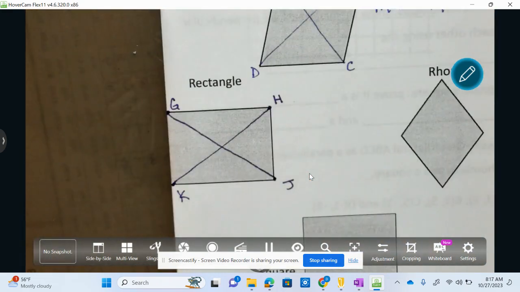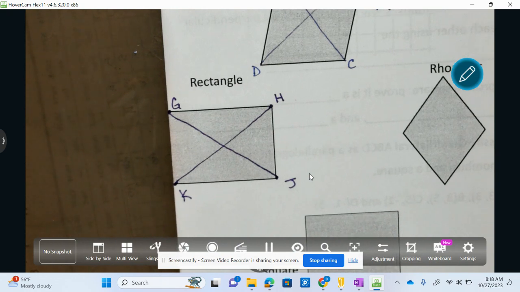So what method did we use for diagonals? How did we show, like what did we do for a rectangle? We showed that the diagonals are what? Say again? I can't hear you. Nope, that's for a rhombus. The diagonals are congruent.